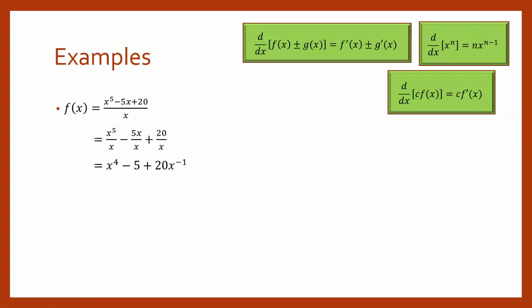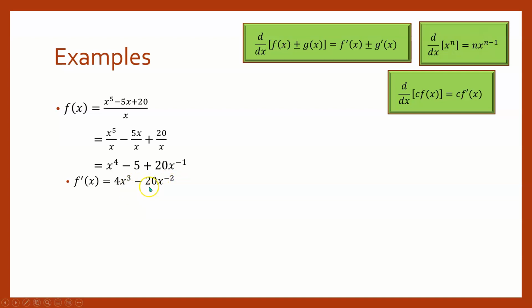But now I'm ready to take the derivative. The next line is going to be f prime of x. So f of x equals this, which equals this, which equals this. So f prime of x, the derivative of that function, would be 4x to the third minus 0, because the derivative of a constant is 0, plus, now for the derivative of 20 times x to the negative 1, we get 20 times negative 1 times x to the negative 1 minus 1.